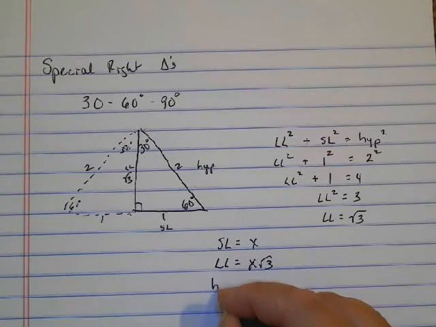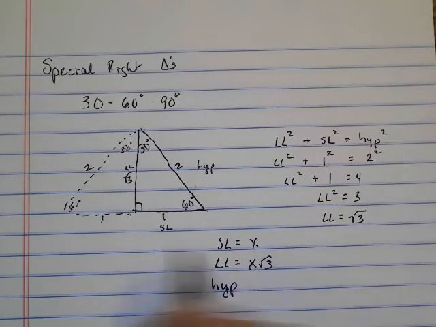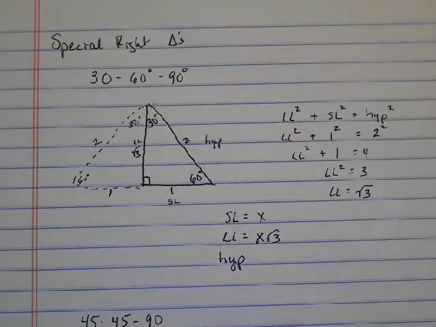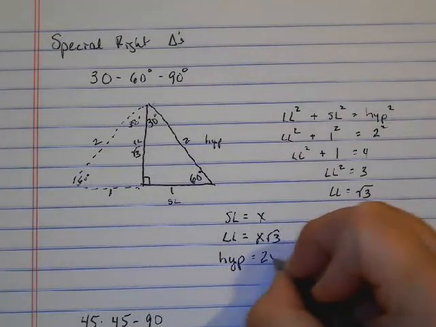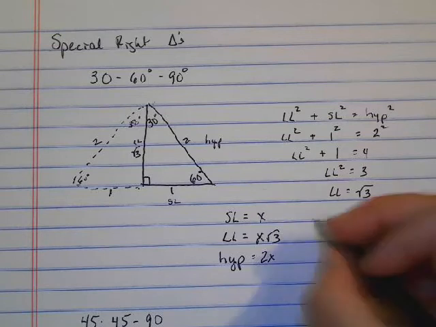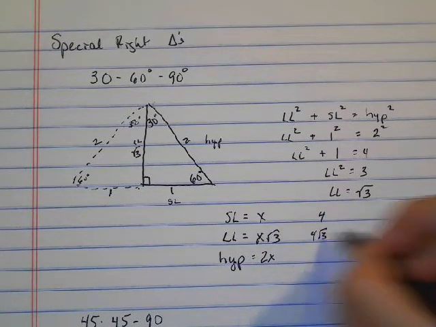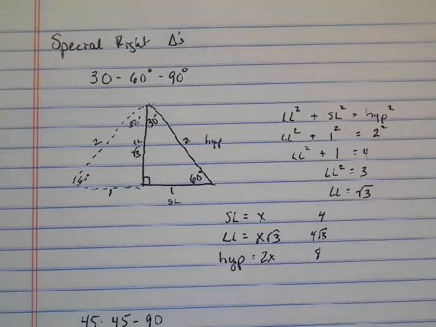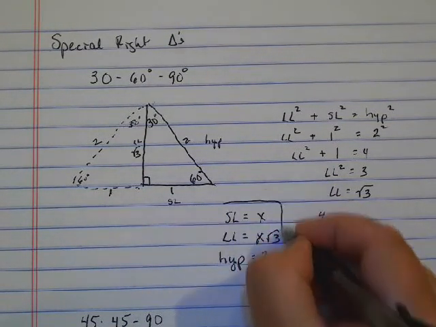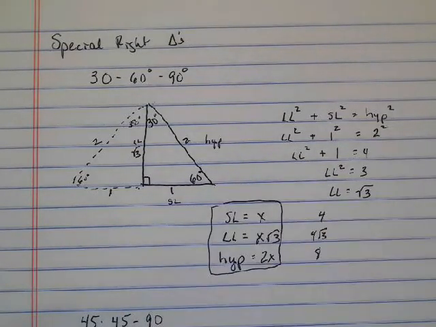And the hypotenuse is always going to be 2 times the size of the short leg, so it's going to be 2x. So for instance, let's say my short leg was 4. My long leg would be 4 square root of 3, and my hypotenuse would be 8 because it's always doubled. So this is the relationship that you'll always use in a 30, 60, 90 right triangle.